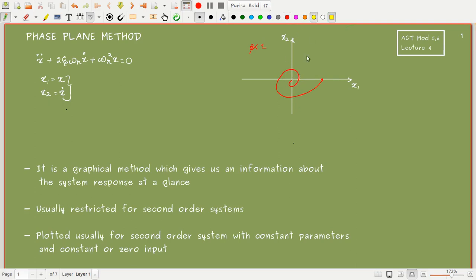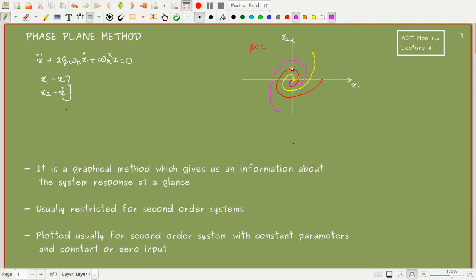If I take some other initial point and trace a path, it will be something like this. Since zeta is less than 1 for this kind of equation, it will be like a stable focus. If I take some initial point here, it also moves like this and comes back to here.